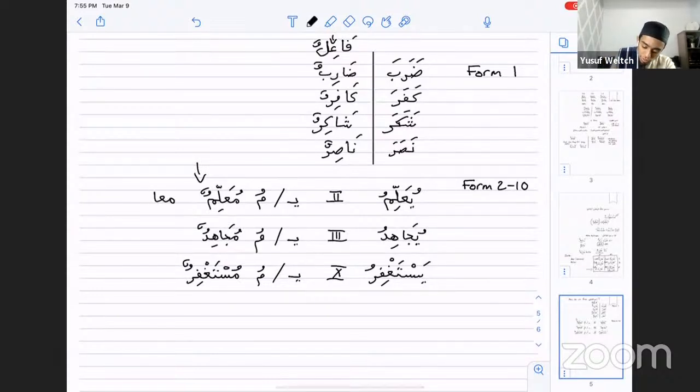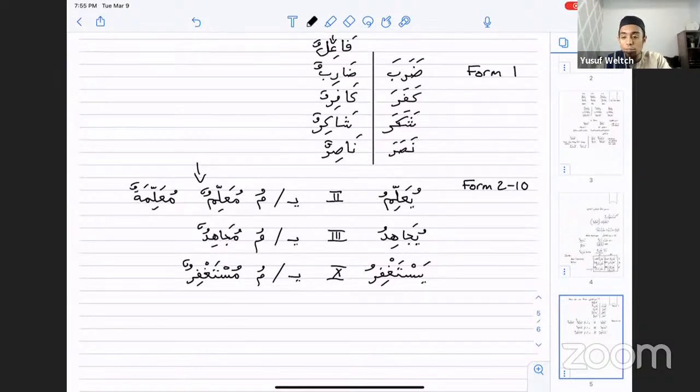So you change it by adding the feminine ta at the end. Same thing with mujahid. What does mujahid mean? The one who does jihad. Yeah, the one who struggles. So mujahidun is male.